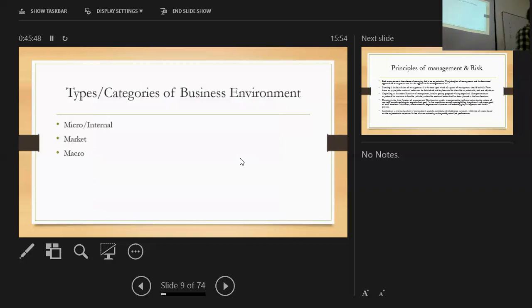Then we've got categories of the business environment. We've got the micro or internal. We've got the market, which is normally suppliers and customers. Then we've got the macro, that which we cannot control. All right.